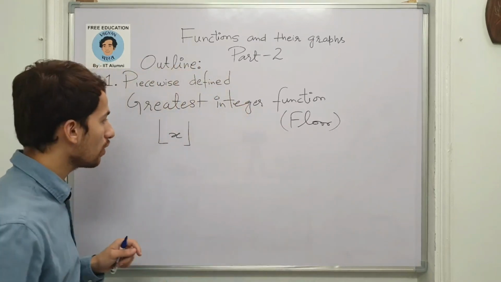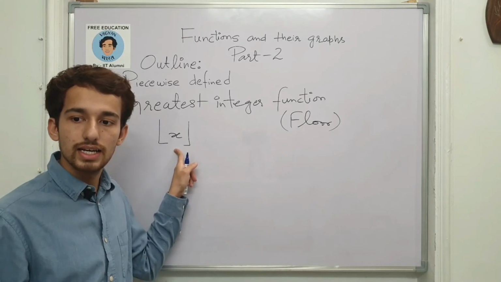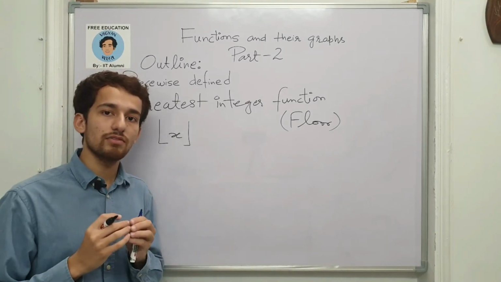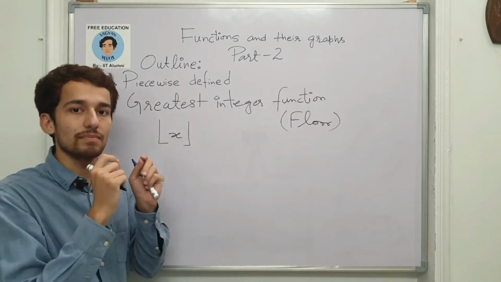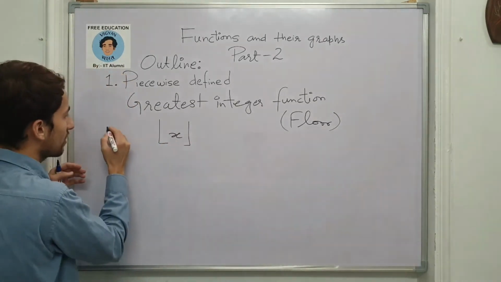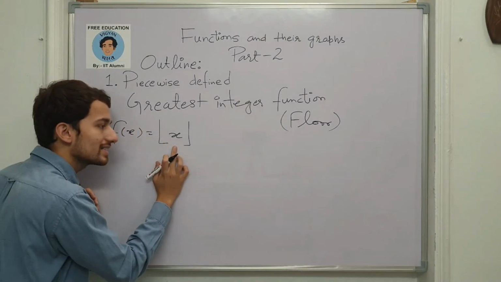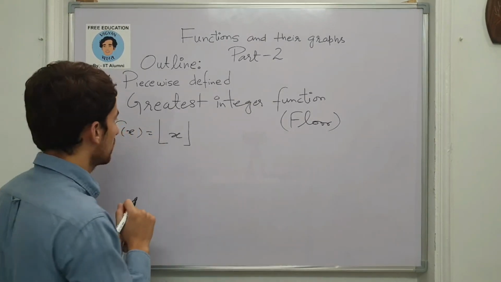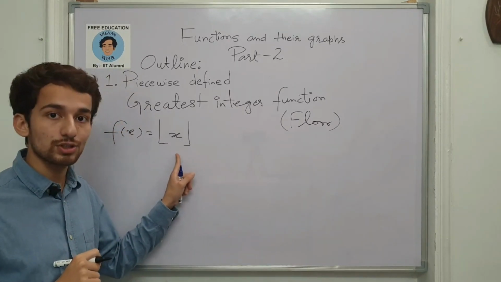Fine. So how is this greatest integer function defined? Whatever real number you give it as an input, f(x) is this. This is the notation for the greatest integer less than or equal to x. This is the notation for the greatest integer function.